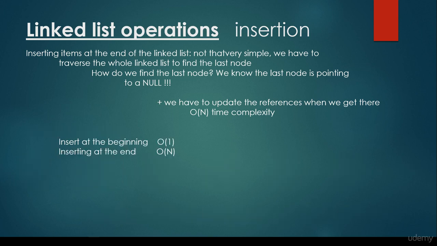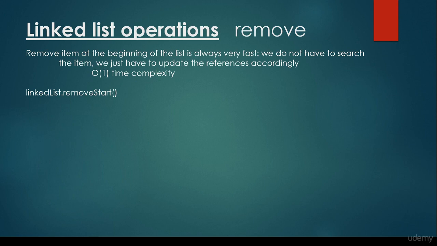Okay, so that's what we have been discussing. Inserting at the beginning is order 1, inserting at the end is order n, so linear time complexity. What about the remove? Removing an item at the beginning of the linked list is always very fast. We don't have to search the item, we just have to update the references accordingly in order 1 constant time complexity.